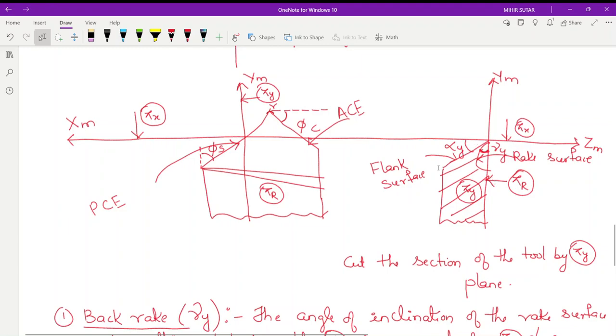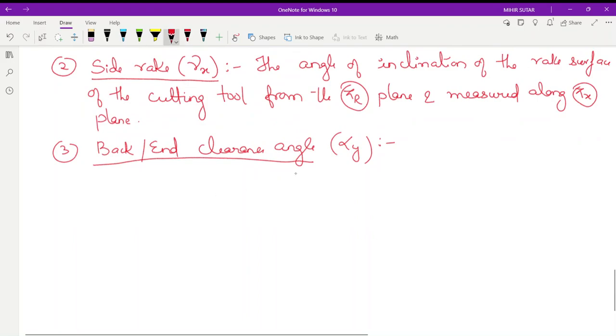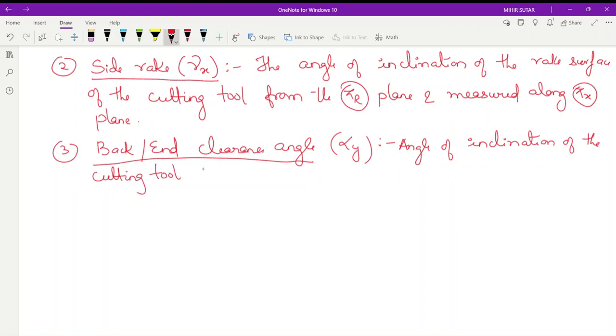I think it's very clear. Angle of inclination of the flank surface of the cutting tool from the pi x plane and measured along pi y plane.